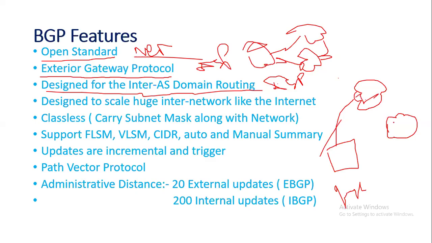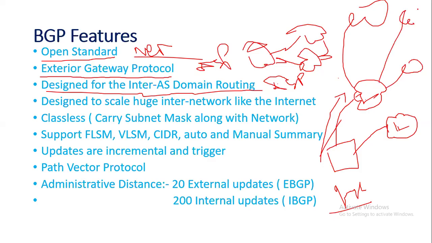Let's say this is ISP1, this is ISP2, and they are interconnected. The ISP is connected to multiple ASes, so they should know the routing to the google.com server, then they get the acknowledgment from google.com, and the user gets access to google.com.